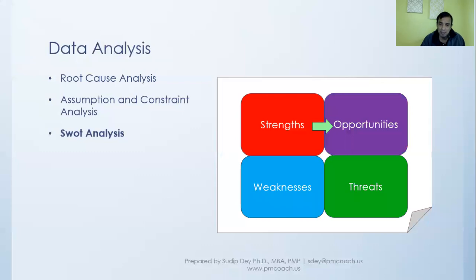At the same time, we can look at the weaknesses, and those will give rise to our threats, or negative risk. And then we can see if there are some opportunities or positive risks that nullify or mitigate some of the threats. With this exercise, we can identify some risk.